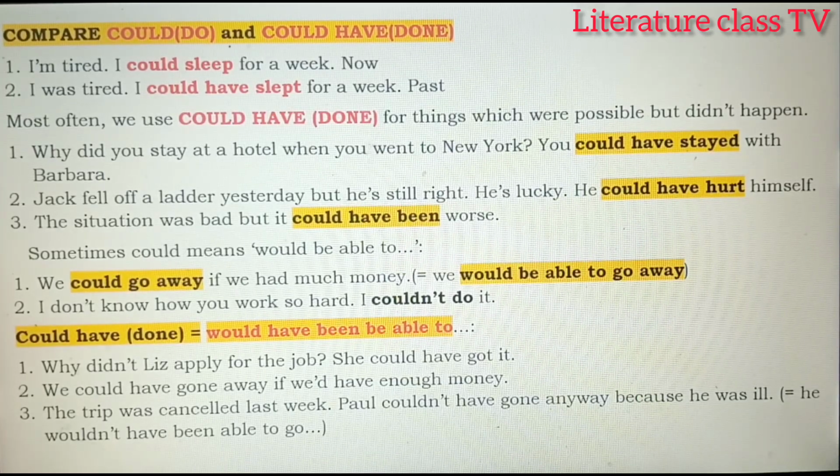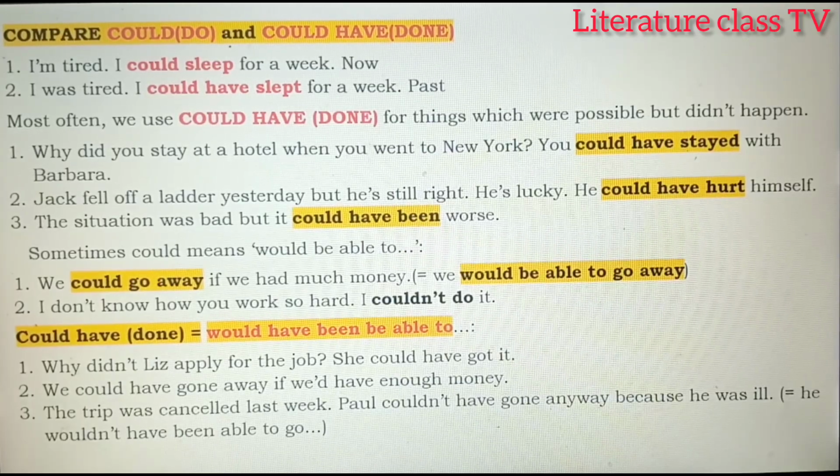Let's compare the use of could have done and would have been able to. Could have done, are we together? And would have been able to. Could have done is equal to saying would have been able to.